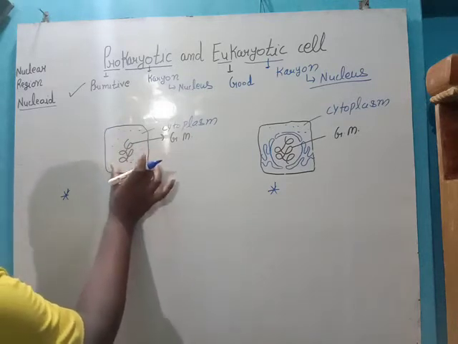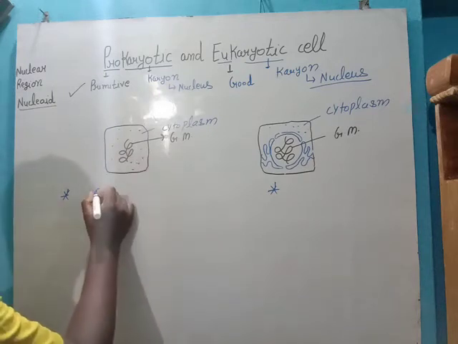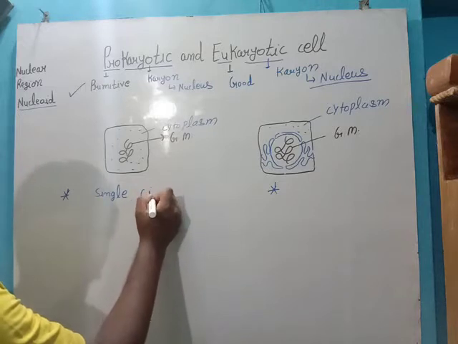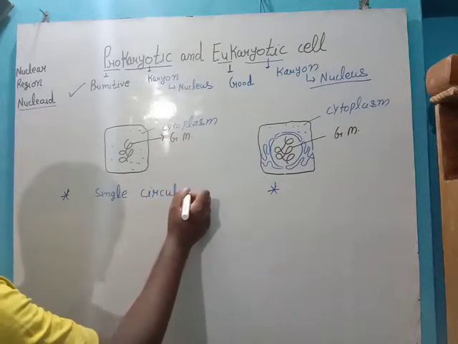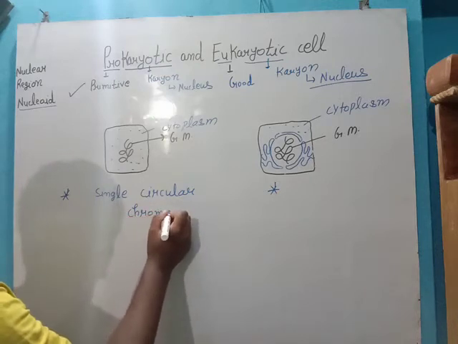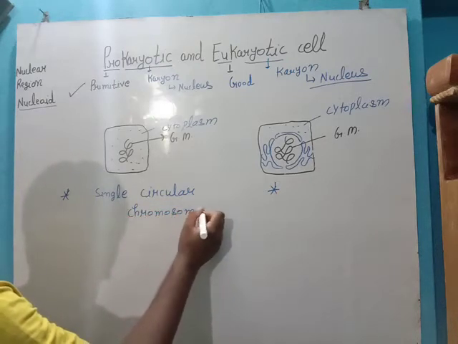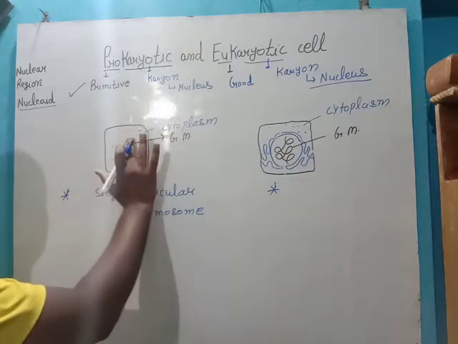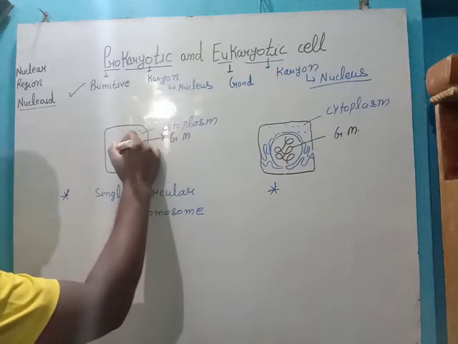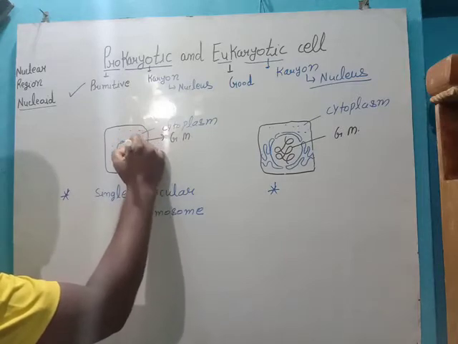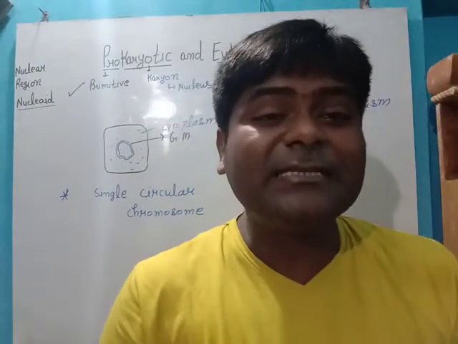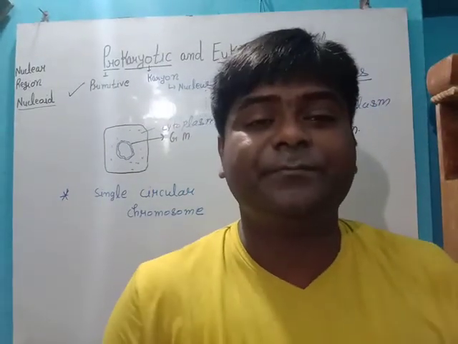In case of the prokaryotes, we have a single circular chromosome. Remember the structure of the bacteria: a single circular chromosome is there.